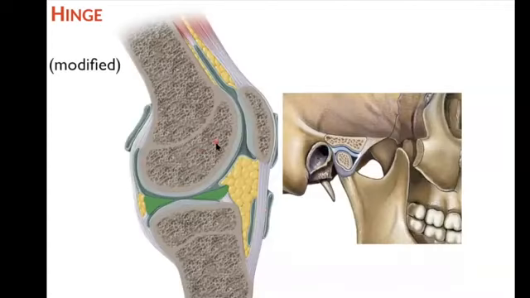Same thing with your knee, a little bit; it is basically a hinge joint. When you flex at the knee, your knee goes back. It's basically acting like that hinge on a door. Same thing with your temporomandibular joint. When you open and close, it's basically operating as a hinge joint. These are called modified because they can do slight side-to-side movement, but for the most part they operate as this hinge joint.